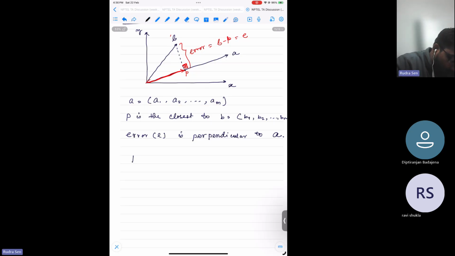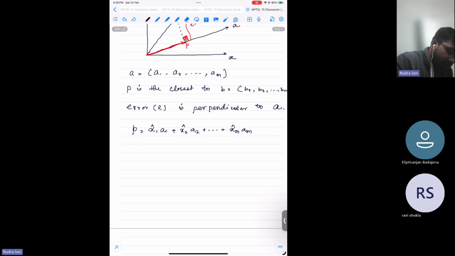So we can write P as x1 hat A1 plus x2 hat A2 plus up to xm hat AM.